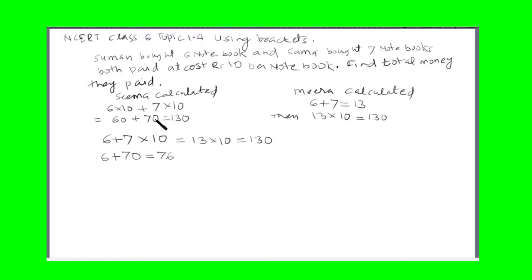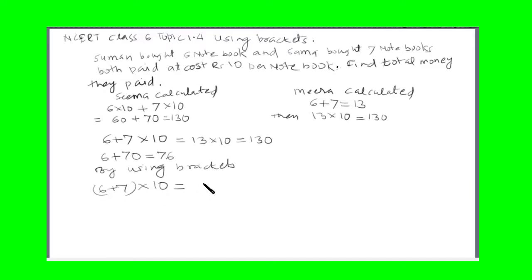So, to avoid such confusion, we use brackets. Instead of writing 6 plus 7 multiplied by 10, we keep 6 plus 7 in a bracket, then multiply it by 10, and we solve the bracket first.